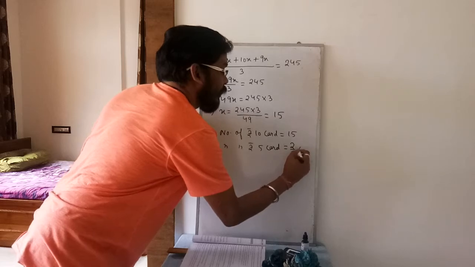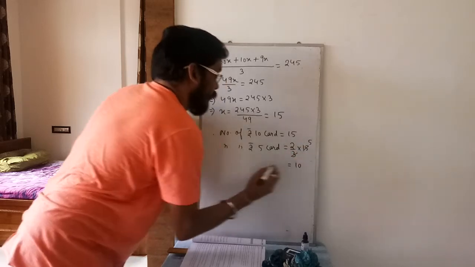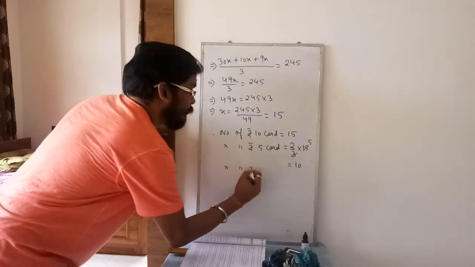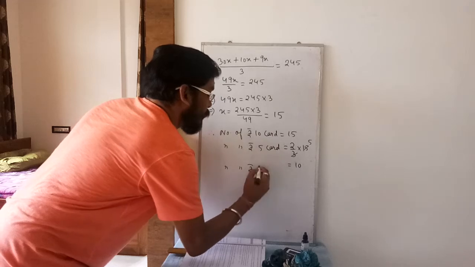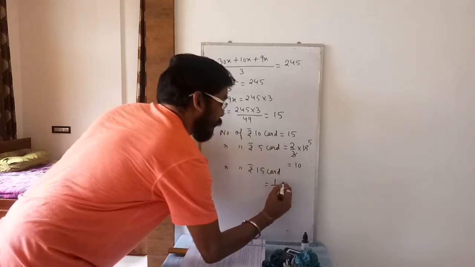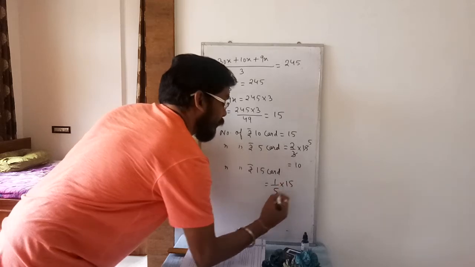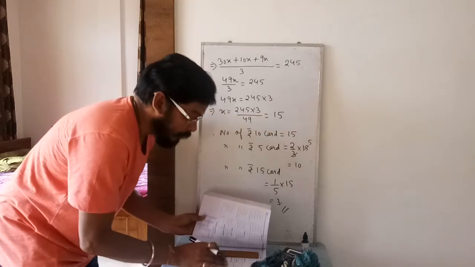So 2 by 3 of 15 is 10. Then the number of 15 rupees cards was 1/5 of x. 1/5 into 15 will be 3. So this is the solution.